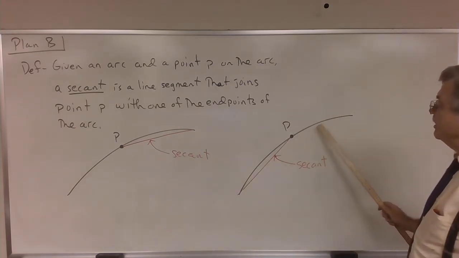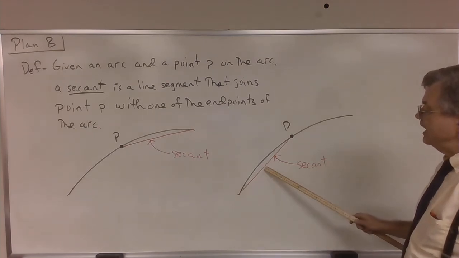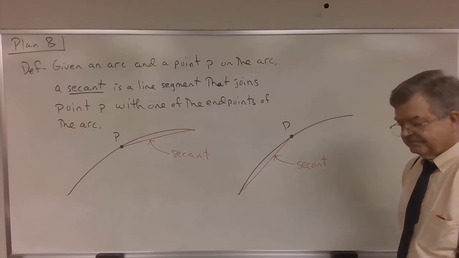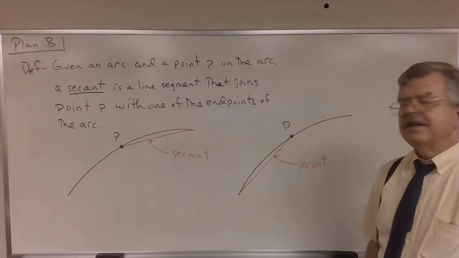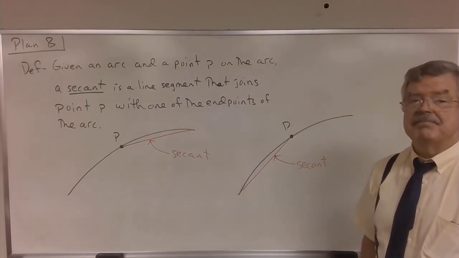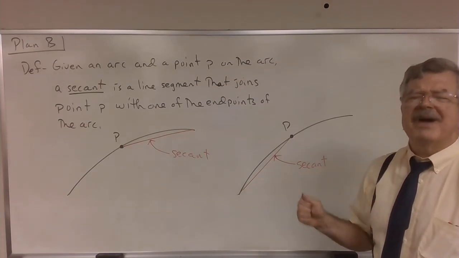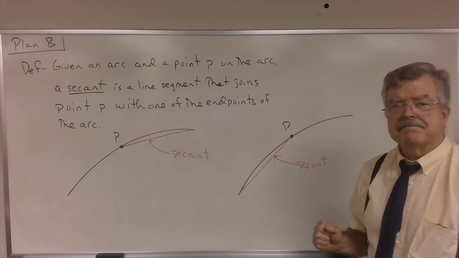Here's the same arc and the same point P. Here's another secant. It joins point P with the other endpoint of the arc. This idea of a secant is going to be something that we use in our plan B of trying to compute or at least approximate the slope of the tangent line.